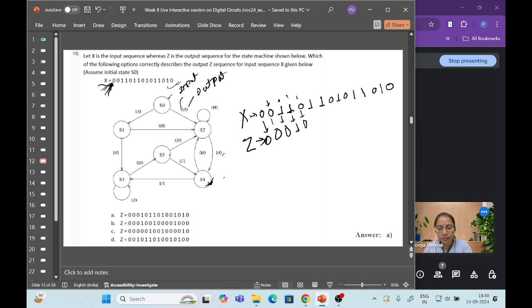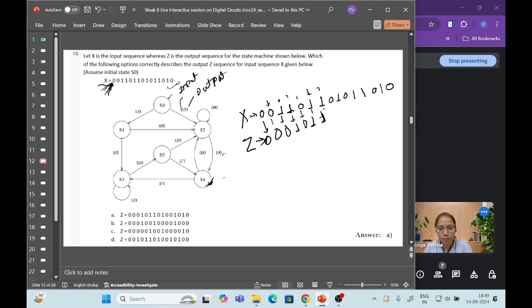Now the next input is 1. For 1 it moves again to S4, and the corresponding output is 1. Now the next input is 1, so it goes to S3 and the output is 1.